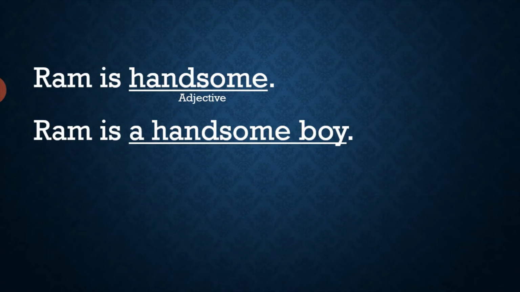We have seen, phrase means what? Phrase means a group of words that has no subject and verb. And here you can see a handsome boy is a group of words that has no subject and verb, and the function of the phrase is that it tells about the subject of the sentence.